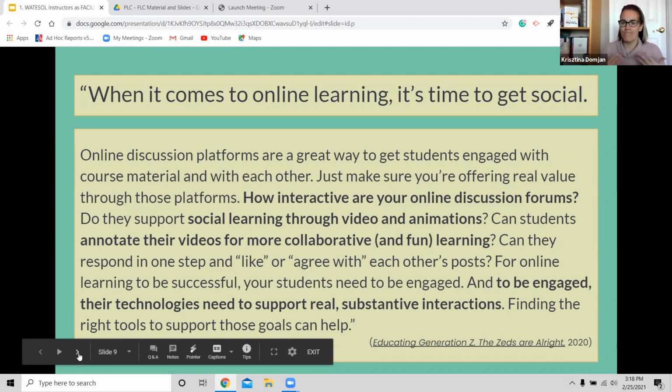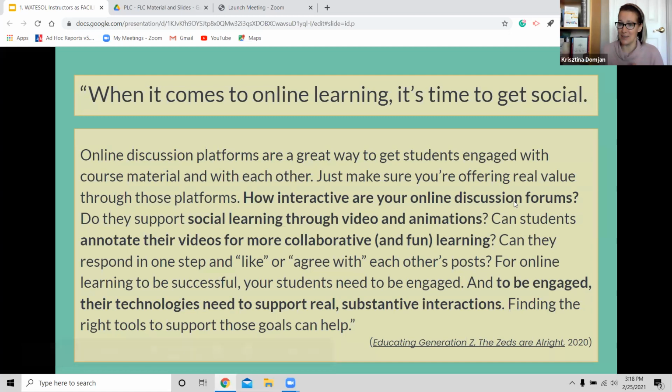Something that you can ask yourself is exactly what you see here. How interactive are your online discussion forums? If you simply ask students to type in a text box or a chat box, it might not be very interactive.